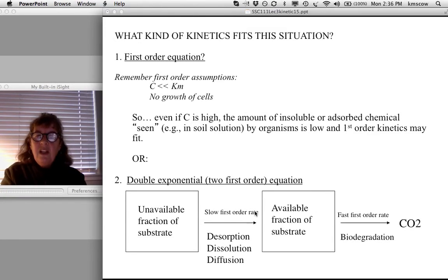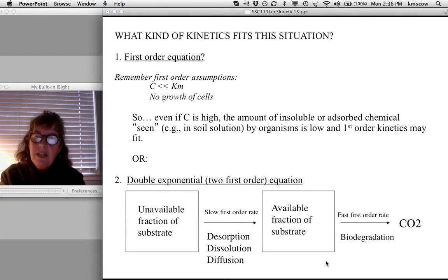But what works even better, and you see this kind of kinetics a lot in environmental science, in people describing pollution degradation, but also in describing the breakdown of plant residues, which have different pools of substrates making them up, some which are really, really readily degradable, and some of them which are in these big polymers that have to be broken down, and they are insoluble, right?